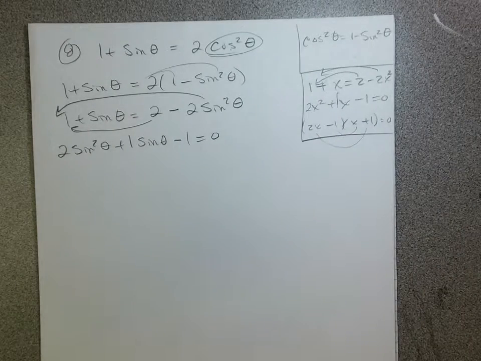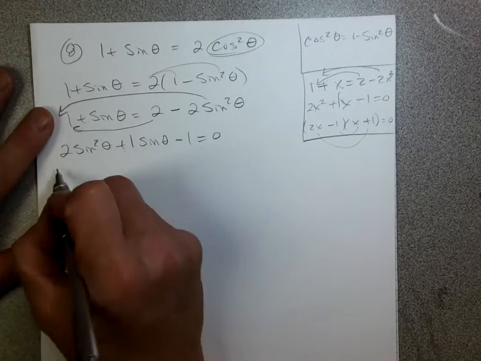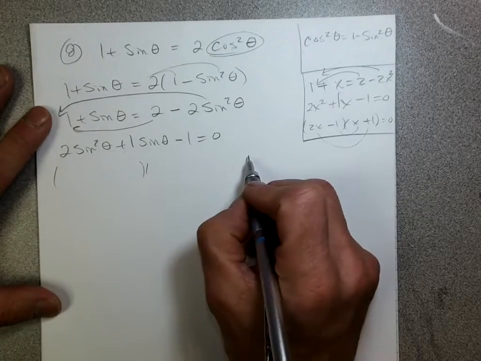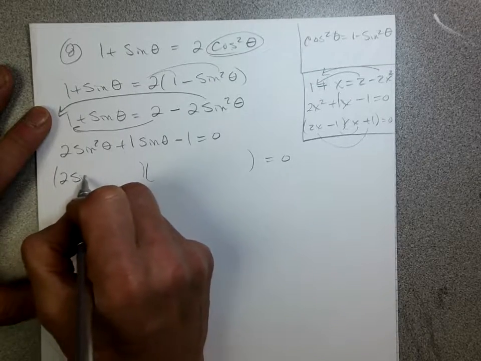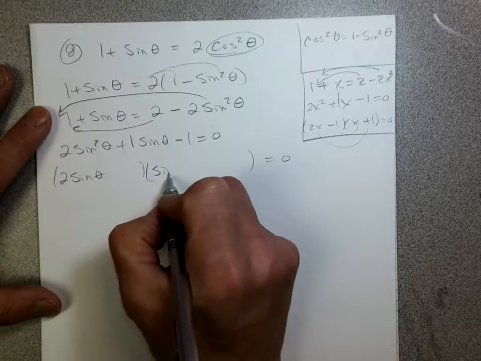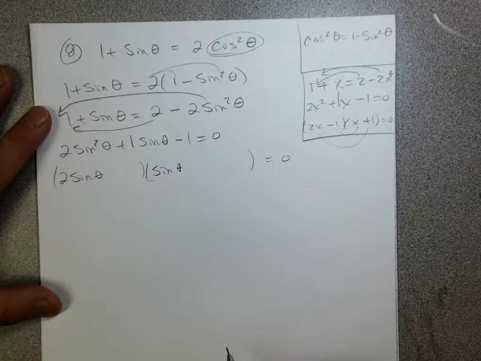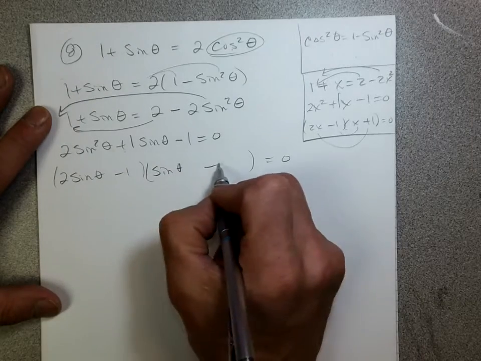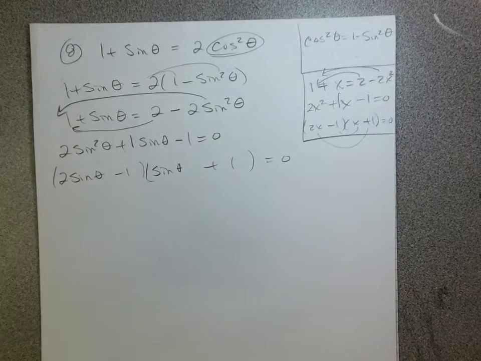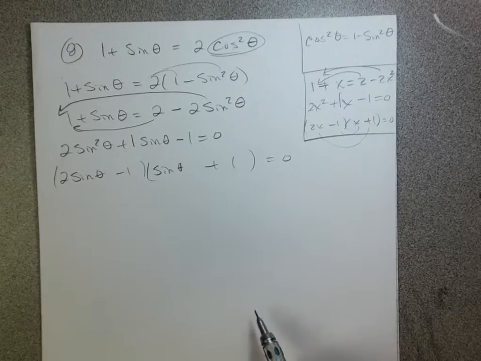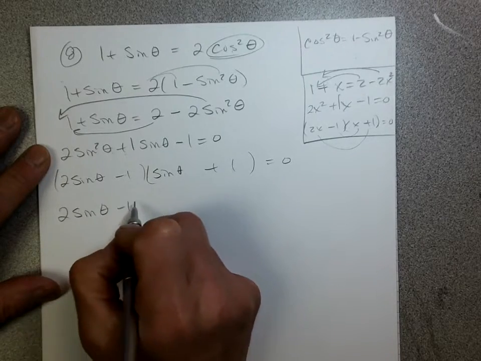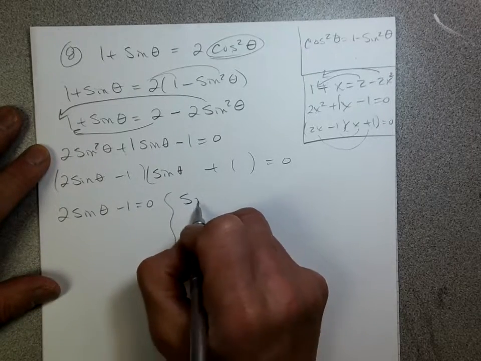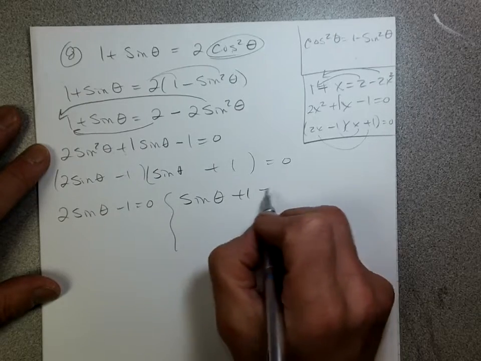So I'm going to do the same thing but with sine: parentheses, parentheses, a 2 sine theta with a sine theta, a minus 1 and a plus 1. Jose, I'm going to break them into 2 parts, so 2 sine theta minus 1 equals 0 and sine theta plus 1 equals 0.